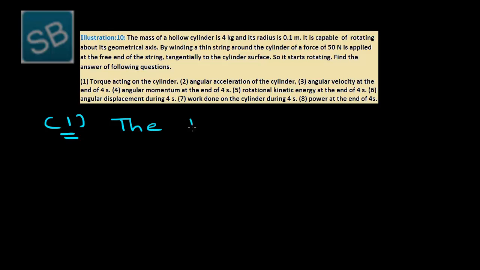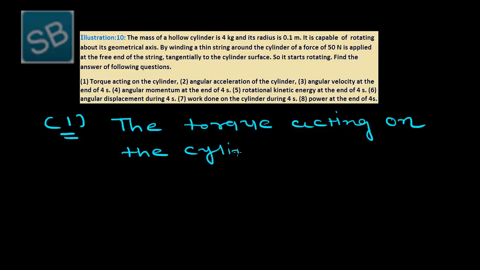So the torque acting on the cylinder is given by tau is equal to r cross F, which is equal to rF sin theta.